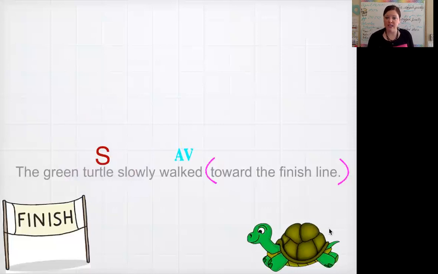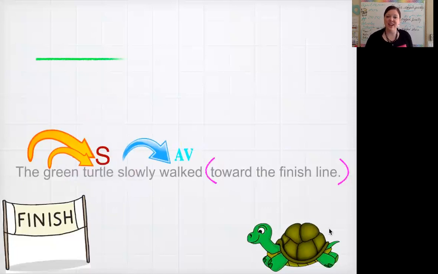Well, he's walking. Let's see if we have some describers or some modifiers here. Which turtle? The turtle. What kind of turtle? It's the green turtle. Now, how is this turtle walking? He is walking slowly.